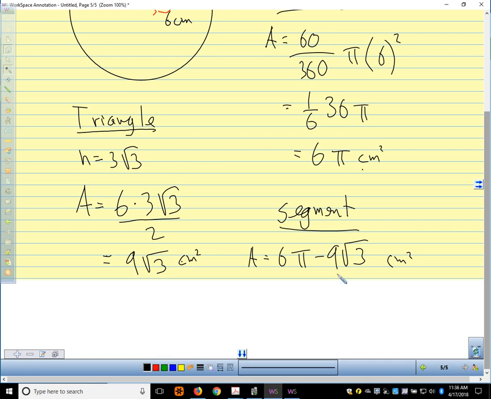If we wanted to round to the 10th, we'd plug that in the calculator. So when we calculate that, 6 pi minus 9 square root 3, I get 3.3 if we round to the 10th. Square centimeters.